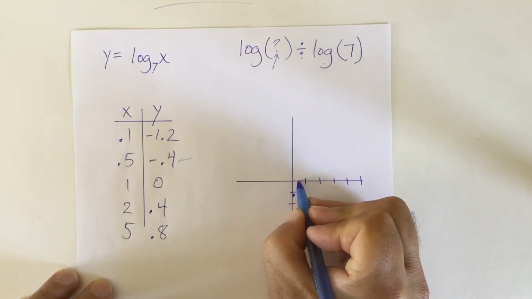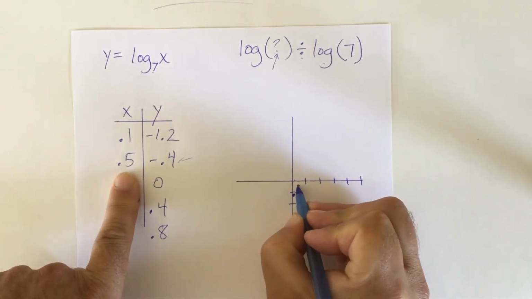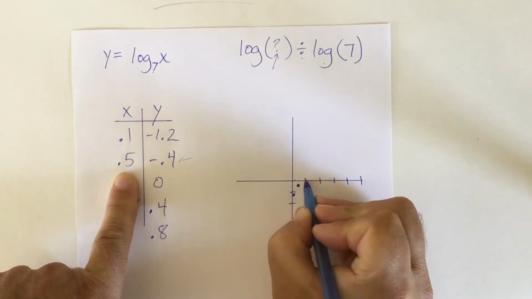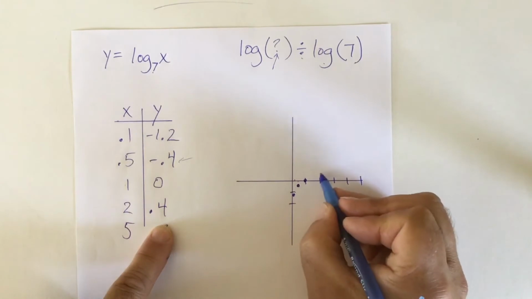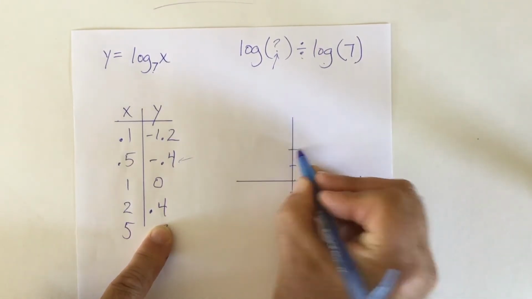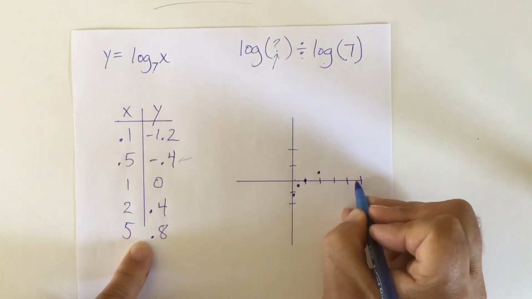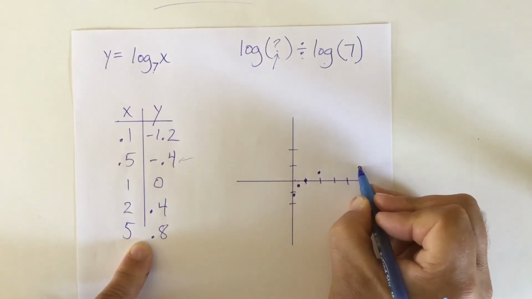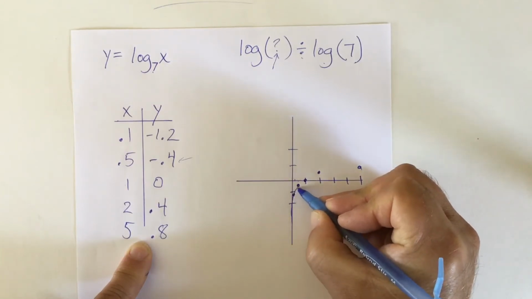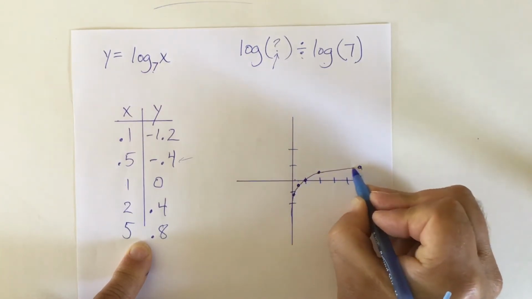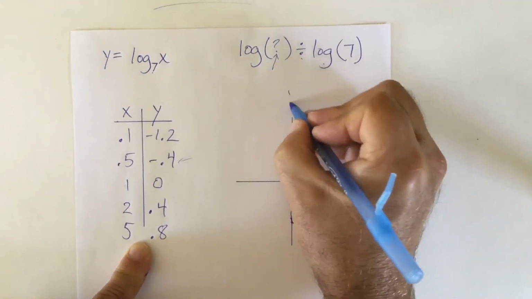When I plugged in 0.5, I got out negative 0.4, so I'm about right there. 1 gave me 0. 2 gave me 0.4. And then 5 gave me 0.8. So when I connect the dots, remember, asymptote down below, and then it's a slow climbing curve. This goes down forever.